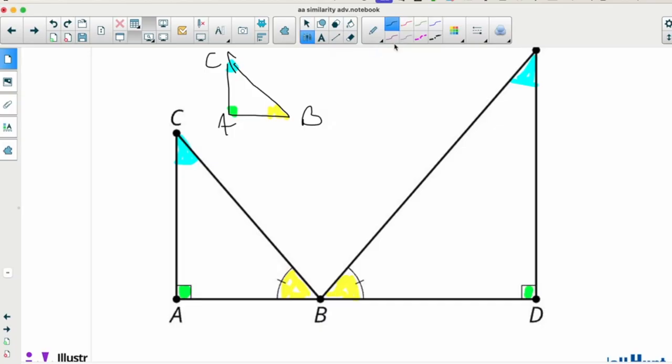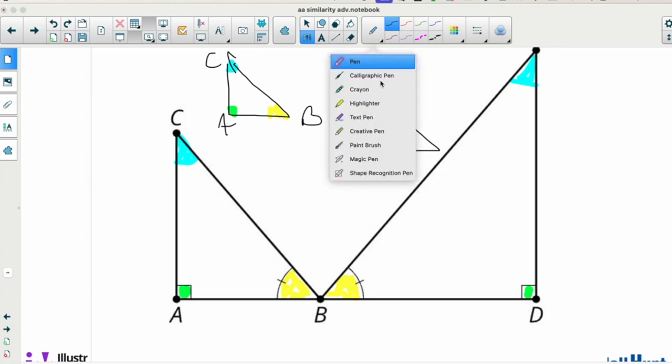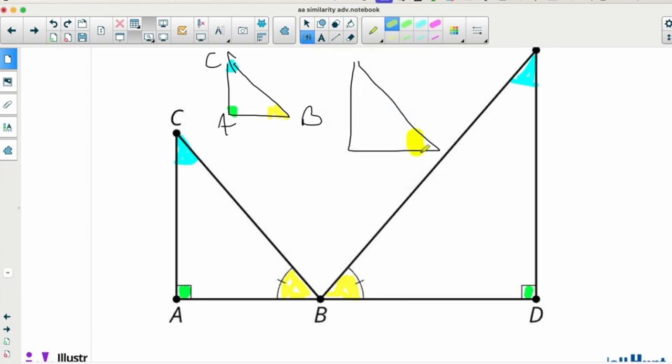And so if we draw the other triangle in the same direction, thinking about those angles, this is the one we colored in yellow. This is our 90-degree angle right here.